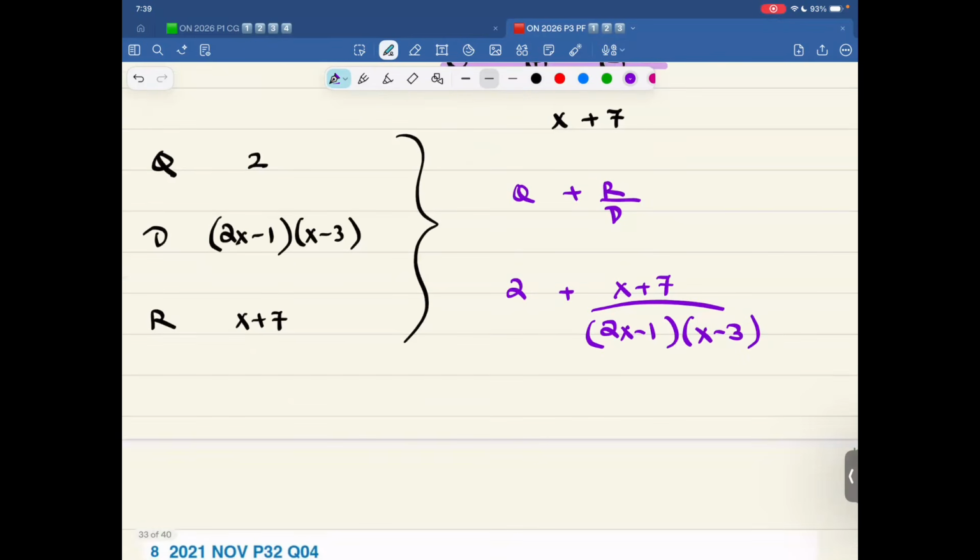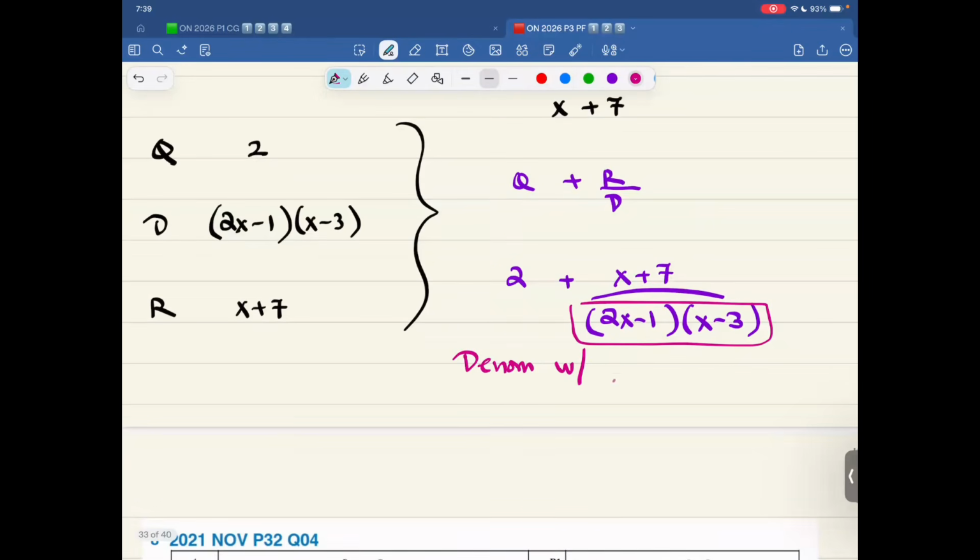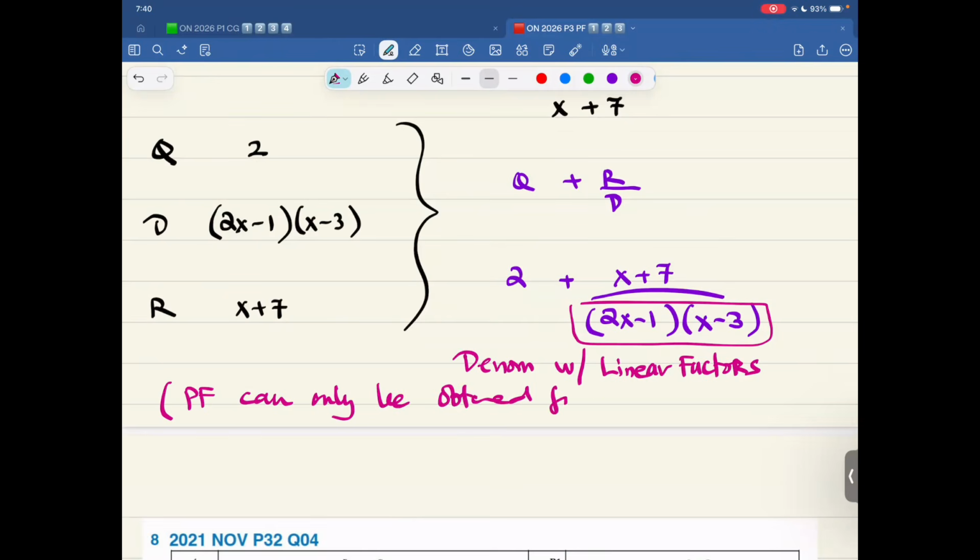Now, within case 4, this is another case: denominator with linear factors. You can only apply partial fraction to proper fractions. So unless you have a proper fraction, you cannot continue. This quotient, leave it on the sidelines, but don't forget it till the very end.